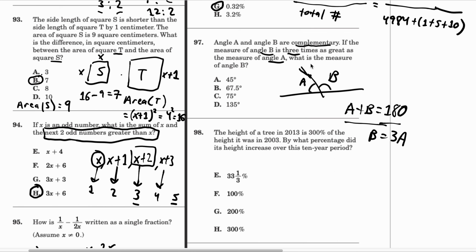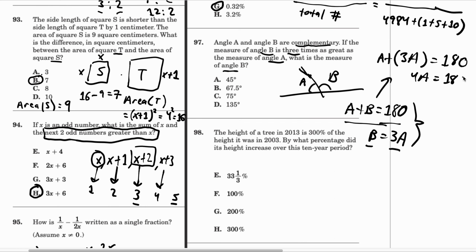We want to know the measure of angle B. We have this system of 2 equations, so we can substitute the fact that B is equal to 3A into the first equation. This is going to be A plus 3A is equal to 180. That means 4A is 180.